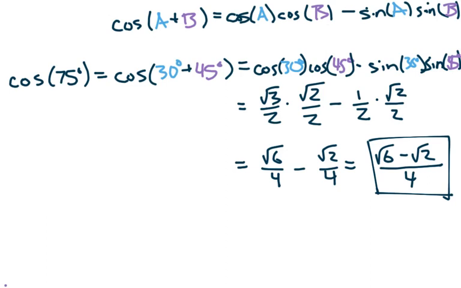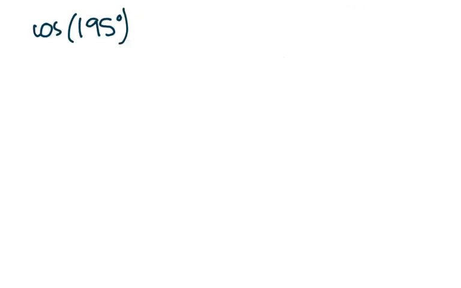Okay, cool. So for our second example, let's suppose I ask you for the cosine of 195 degrees. In this case, we don't know how to do 195 degrees, right? That's not one of our favorite angles.